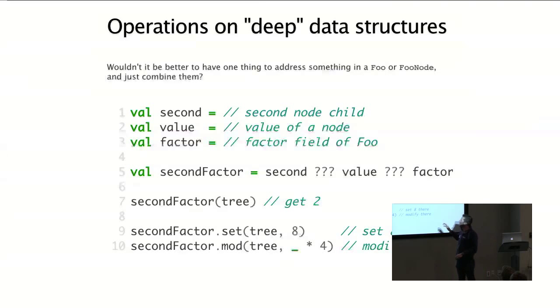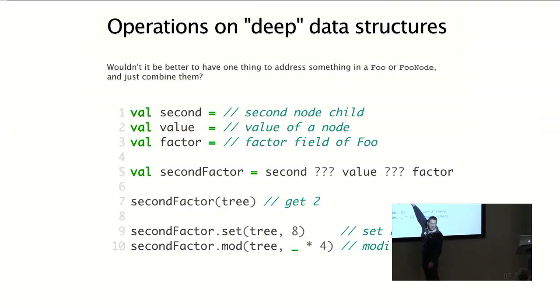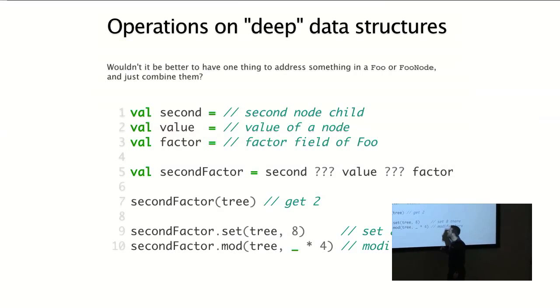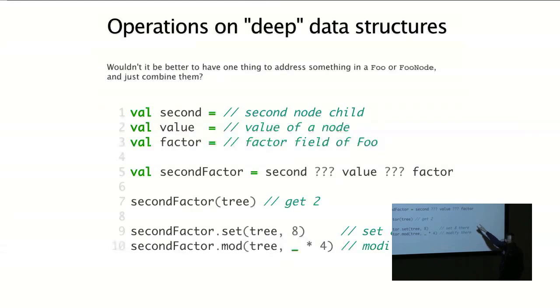So this is something I'm going to fill in the blank with. And then I could just say, go to the second child, get its value, get its factor, and then I have this thing. When I poke into this tree, I'm just going to get that 2, which was in that child node. That would be cool. I don't have to do all that stuff.